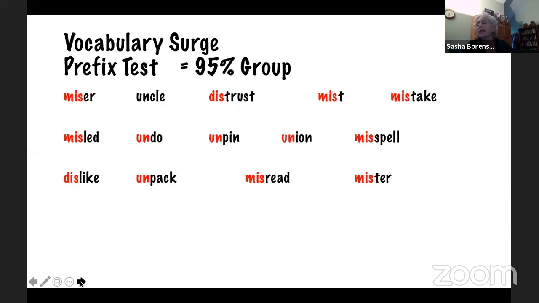And there are lists and lists and lists on the internet of words that have the prefix dis or un or mis, okay? There is so much, thank goodness. And if you look at UFLI, they're going to have lists for you too. This is another Vocabulary Surge.